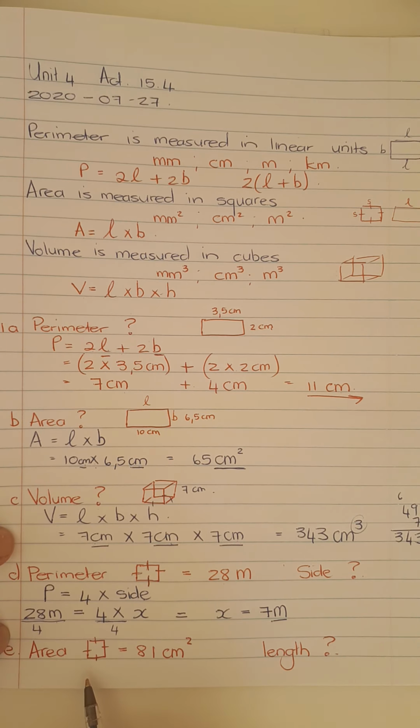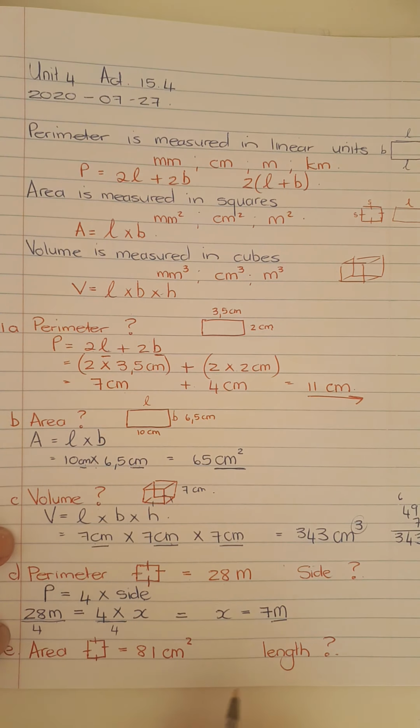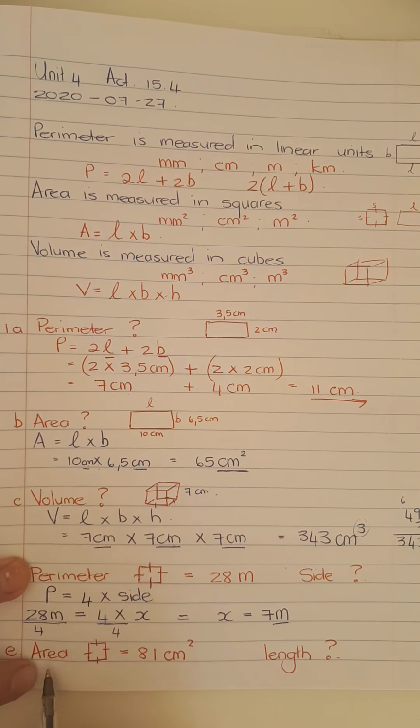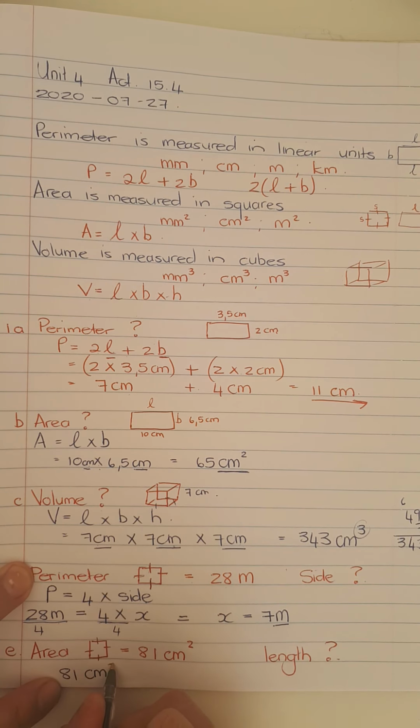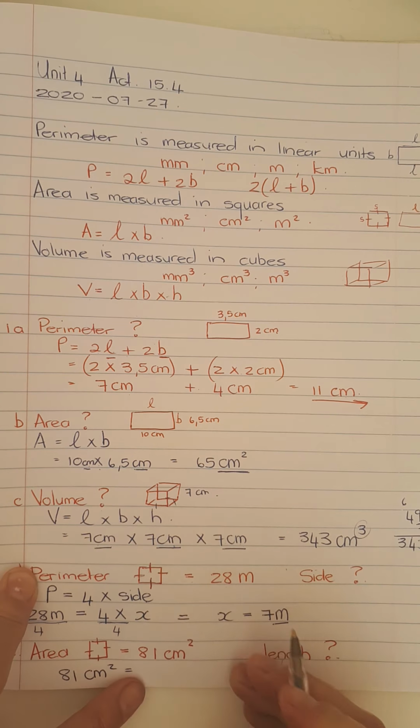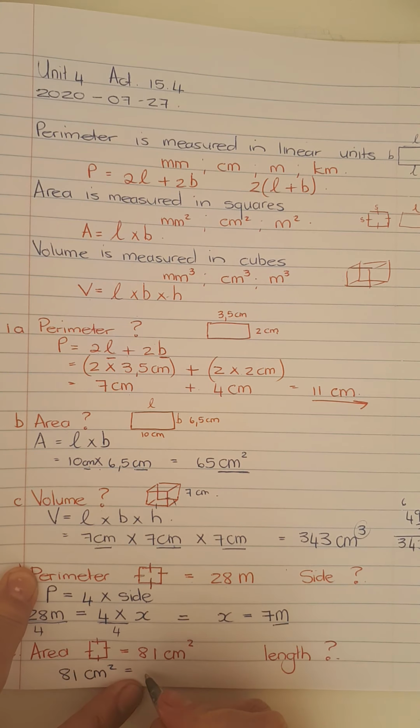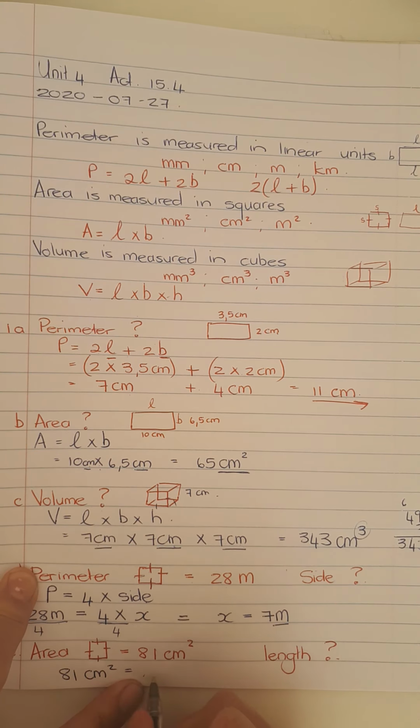Okay, number E, area. They say if the area of a square, once again a square, all of the sides are exactly the same length, is 81 squared centimeters. What is the length? I work this out. They give me the area. That's 81 equals the area, the length times the side here.